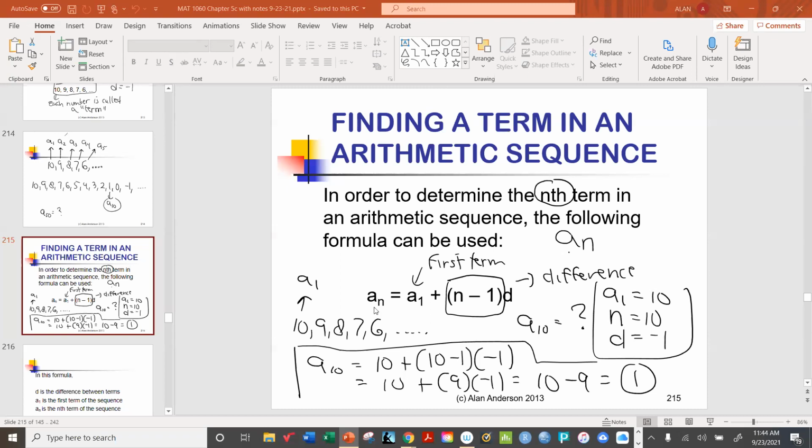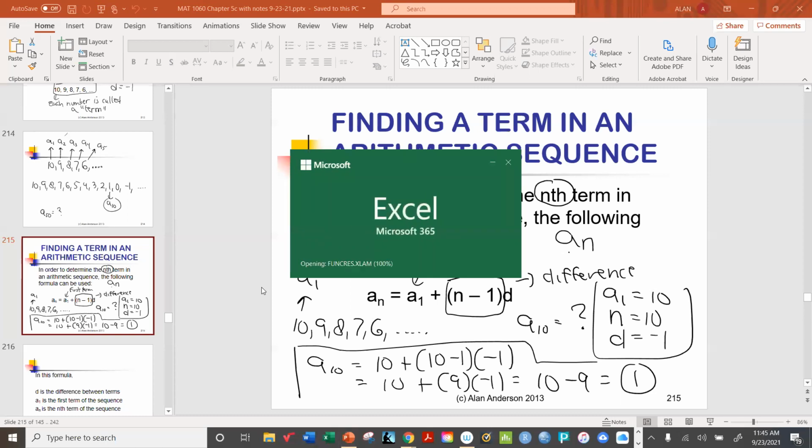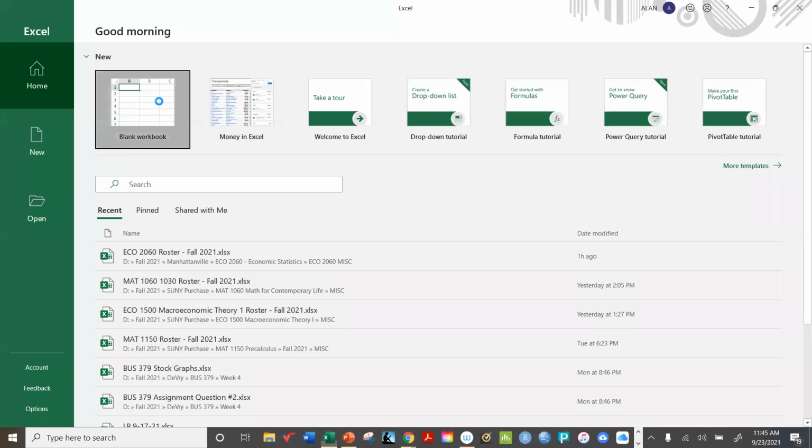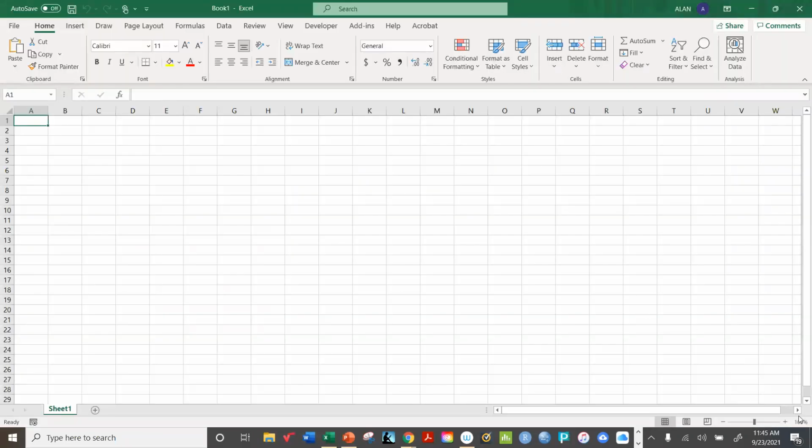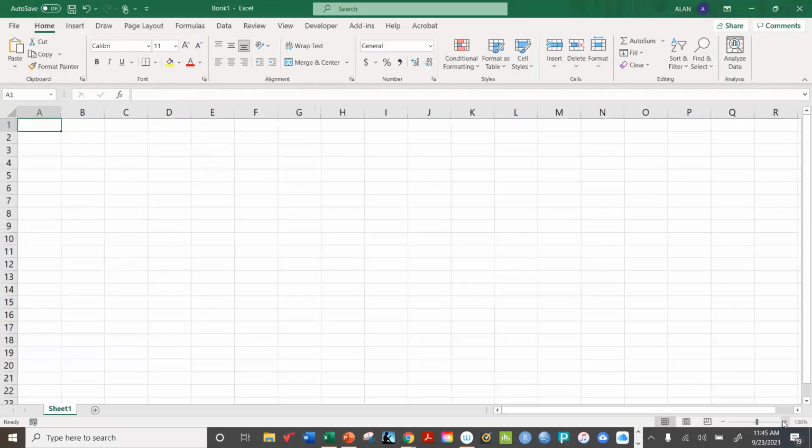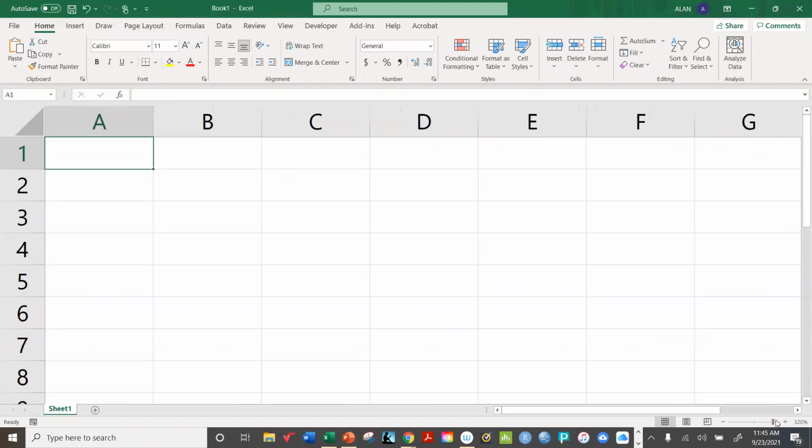Now, by the way, if you run into a case where you really want to see all the terms, if you have a copy of Excel, which I strongly recommend everybody learn at some point, Excel has the ability to do this for you. So let's say, for example, I type in the numbers 10, 9, 8, 7, 6.